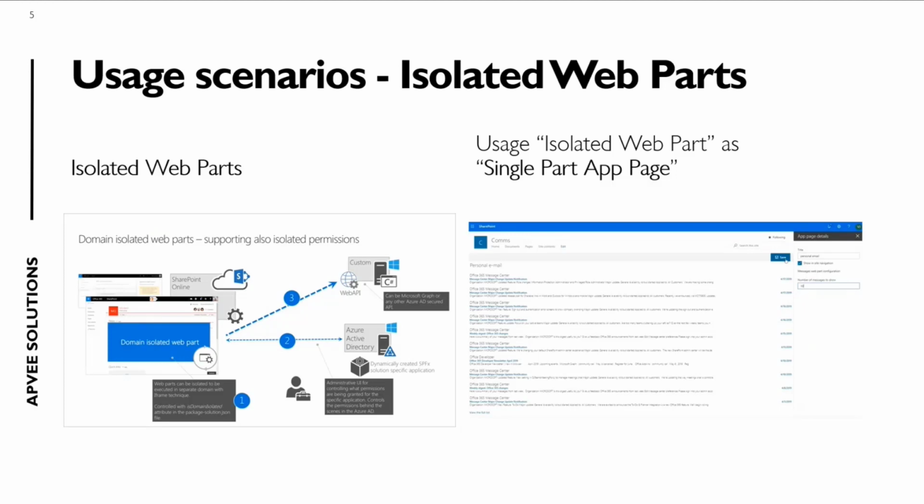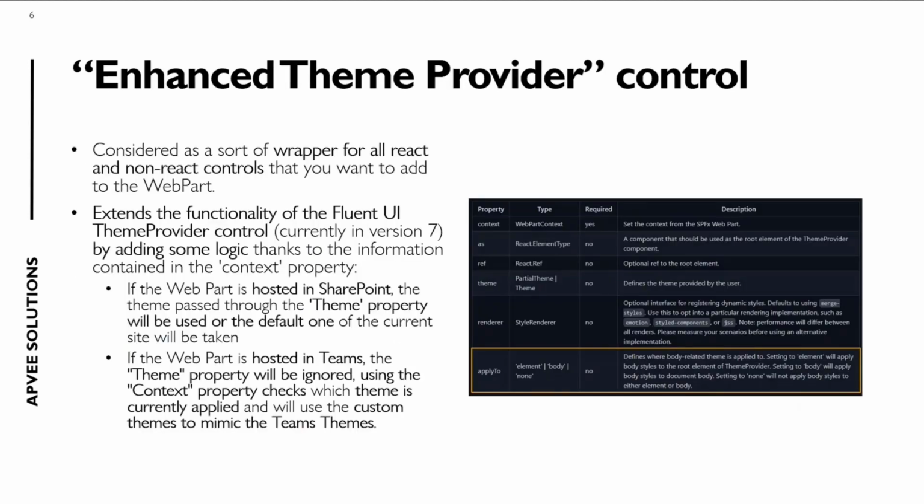It's very cool because you are able to define your web part with a lot of permissions, but the permissions are limited just to this web part and not to all the SharePoint application. And when you do the same, you have the same problem as inside Teams. So there are problems with the font and basic HTML elements. With this control, I'm trying to solve this problem.